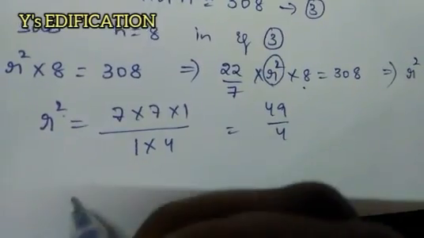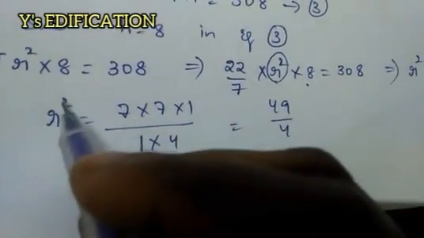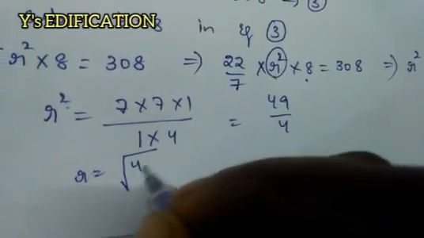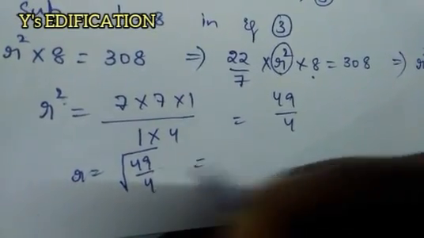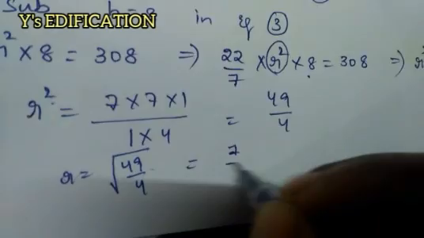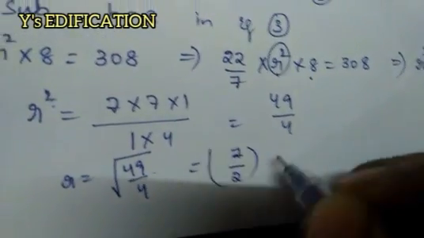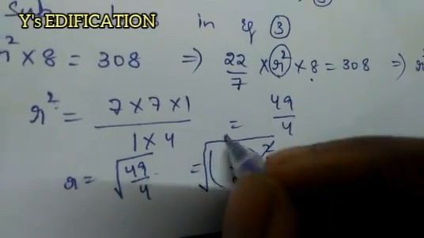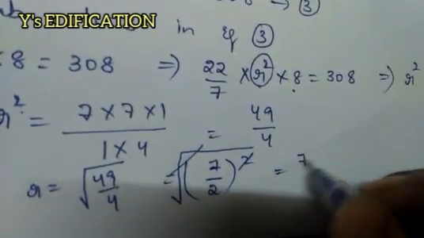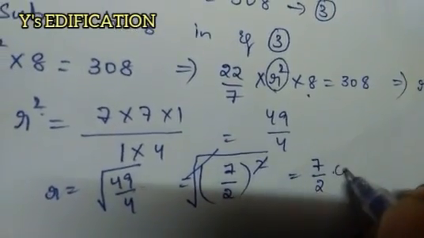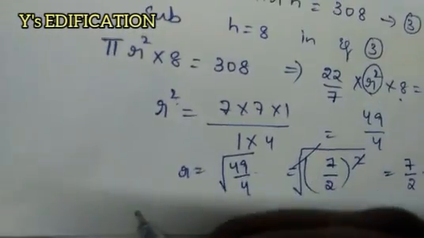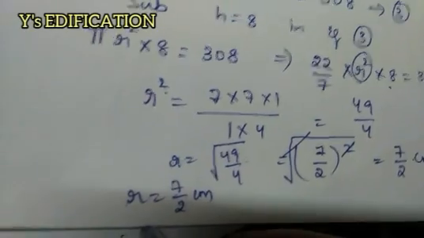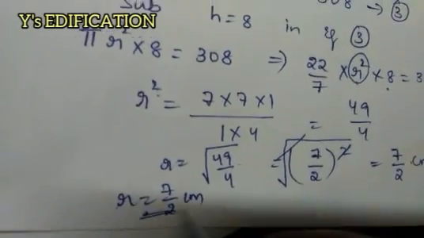We have r square, so transpose the square to the RHS side. It will become root 49/4. We can write 49/4 as (7/2) whole square. Now square and root are cancelled. So what is the remaining value? The r value is 7/2 centimeters.